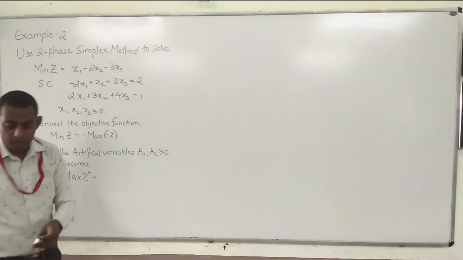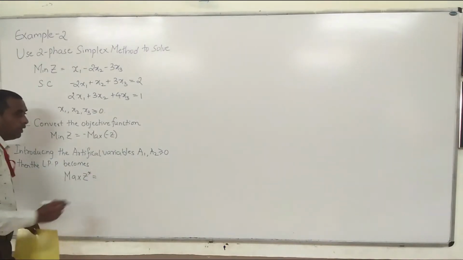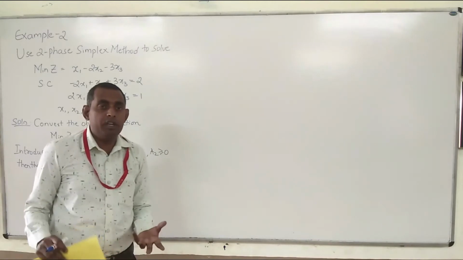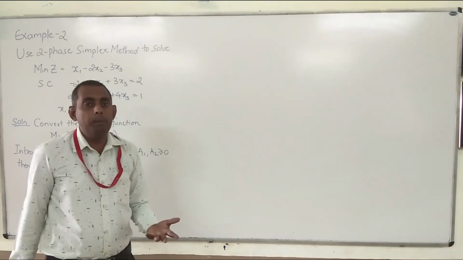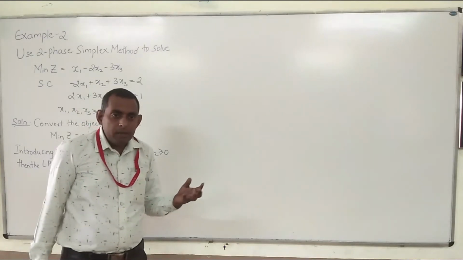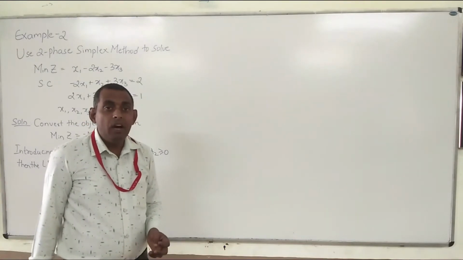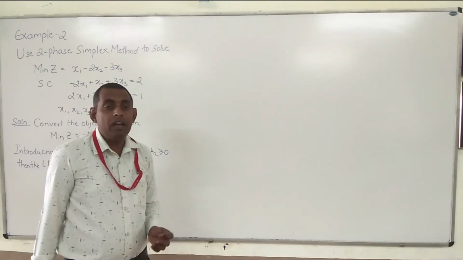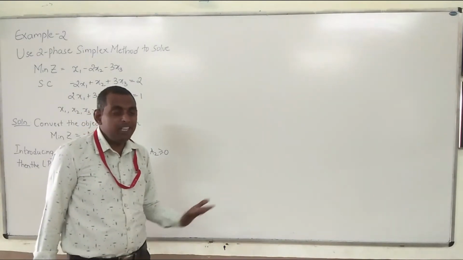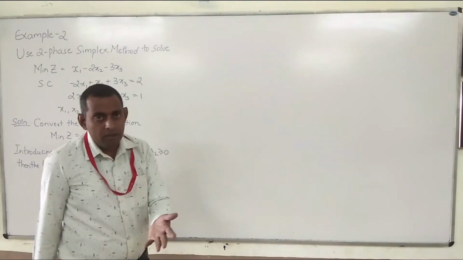What is the significance of z star here? z star is an auxiliary LPP. What is the speciality of the auxiliary LPP? All the variables are assigned cost 0 and each artificial variable is assigned cost -1.